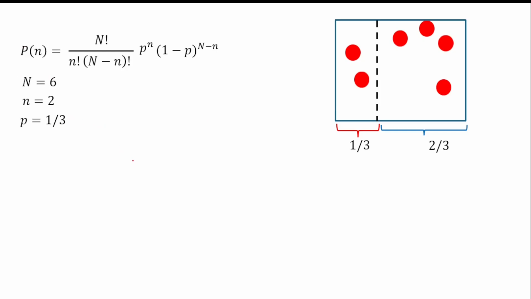Then putting these values, we can find that the probability for 2 particles to be in the left 1/3 of the box is given by 6 factorial divided by 2 factorial times 6 minus 2 factorial, times 1/3 raised to the power 2, and then 1 minus p, 2/3, raised to the power 6 minus 2, which is 4.